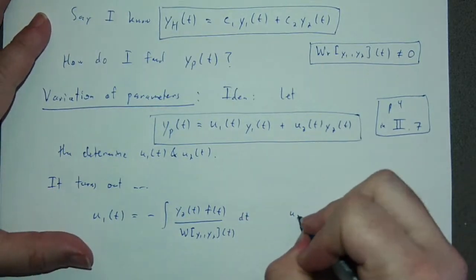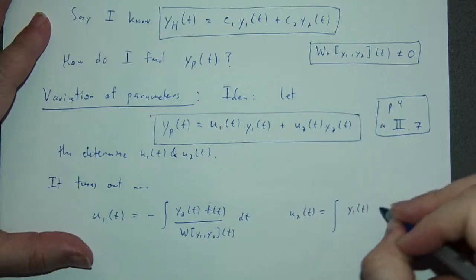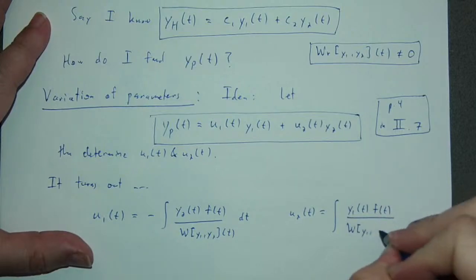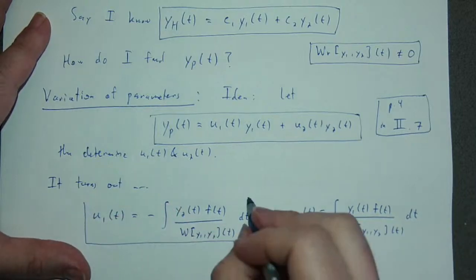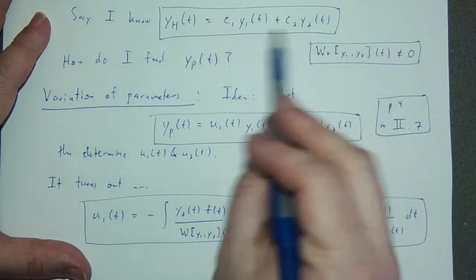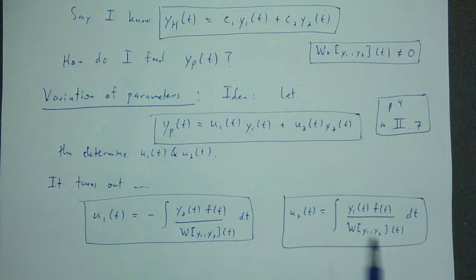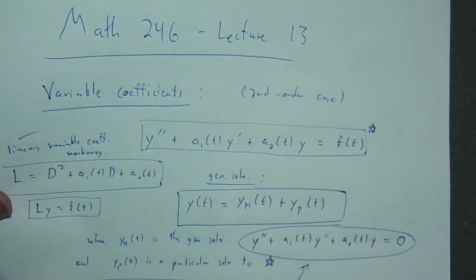And u2 of t is the integral of y1 of t, f of t, over the Wronskian of y1, y2 of t, dt. Where y1 and y2 are the parts of the homogeneous solution, the Wronskian, well, you know how to compute the Wronskian of two solutions to a differential equation. And f of t is that right-hand side function, the forcing function, in your differential equation.